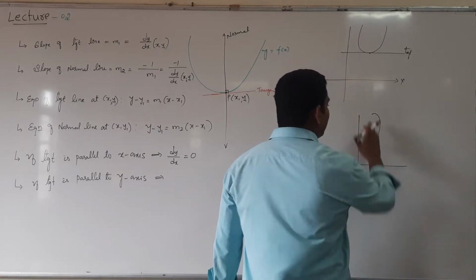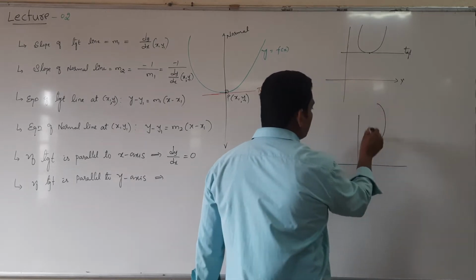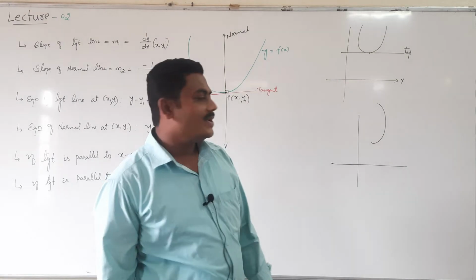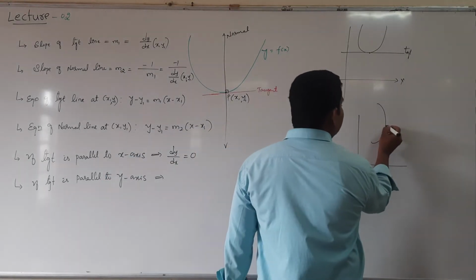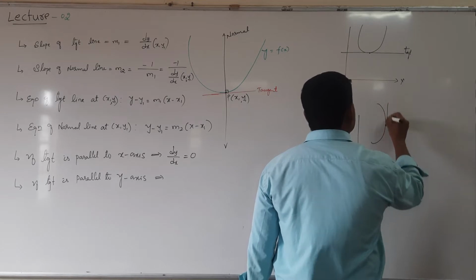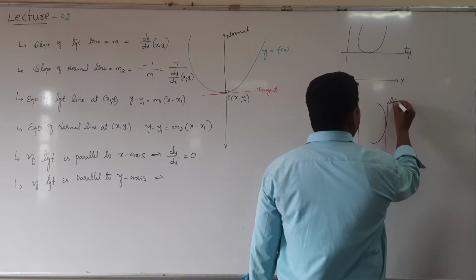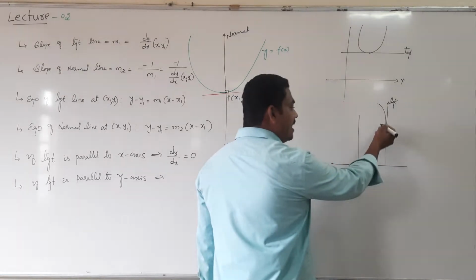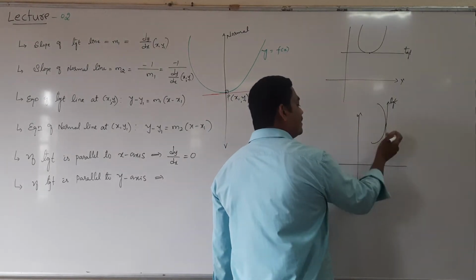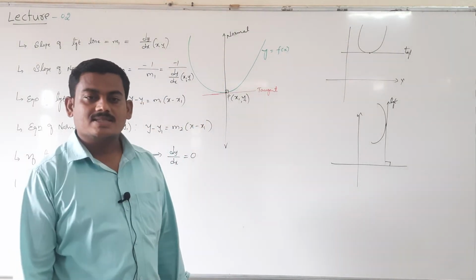Suppose it is any curve. Suppose this is y equal to f of x. If I draw a tangent line at this point, clearly this is our tangent line. Clearly it is parallel to the y-axis only. Parallel to the y-axis means indirectly it is perpendicular to the x-axis.